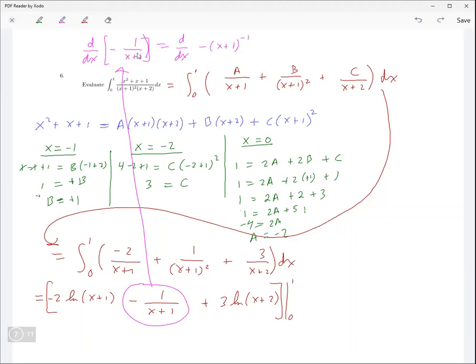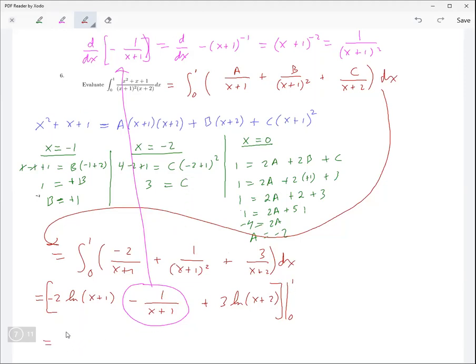Because 1 over something, you can write as that something raised to the minus 1. When you take the derivative, this negative comes down, which cancels that out, and then you subtract 1 from the exponent, that's negative 2. So that's 1 over (x plus 1) squared. So you take the derivative of this, you get that. Okay, so let's go ahead and move on.